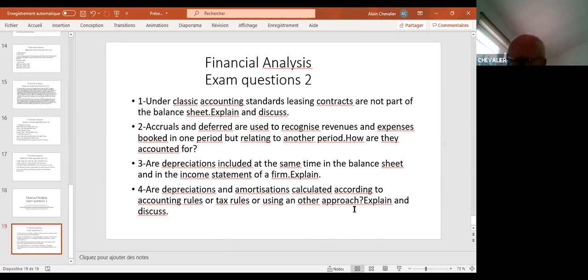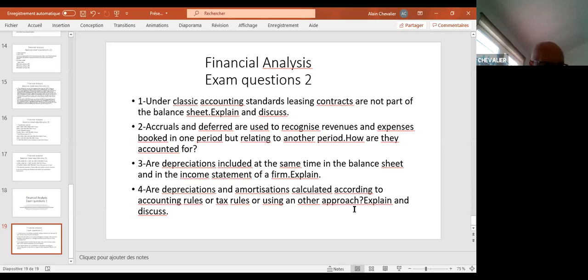On the other hand, last argument, it brings a better view of the real situation of the firm, the level of the assets compared to the total of the balance sheet, for example, and of the net working capital also. And let's say it's more and more used in many countries. That's the trend.